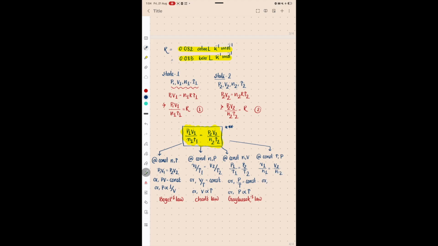Or V upon N is equal to constant, right? Or I can say V is proportional to N, right? Whose law is this? Yes, this is Avogadro's law.